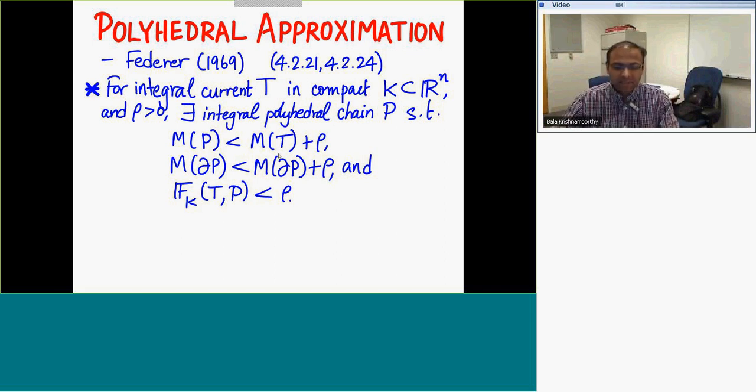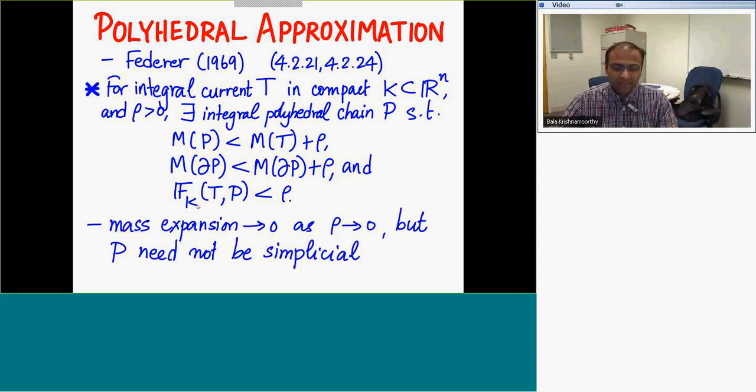But the main thing here, to highlight, is that the mass of P is at most the mass of T plus an additive error. So the error is additive in this case. If we take finer and finer approximations, the error actually goes to 0. The flat distance also goes to 0, as you would expect, but the mass expansion also goes to 0. And on that, given the previous example, not only do we want the flat norm distance to go to 0, but we also want things not to explode when we push things onto a simplicial complex.